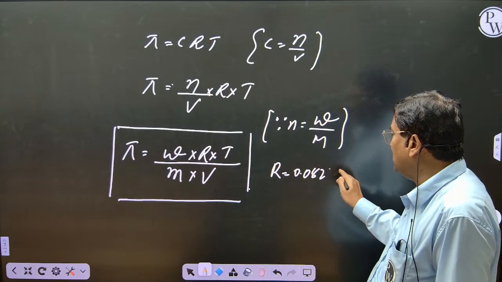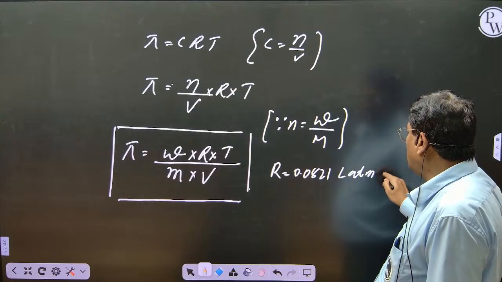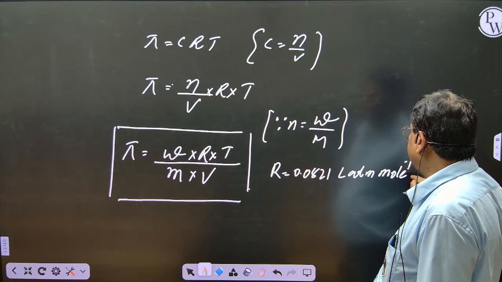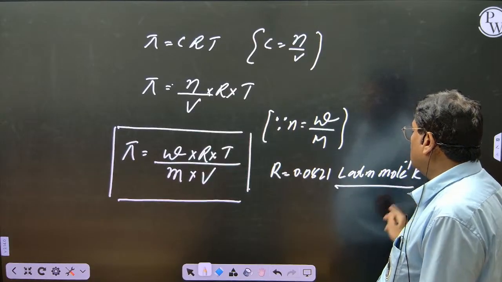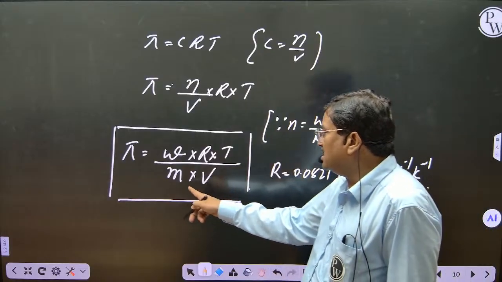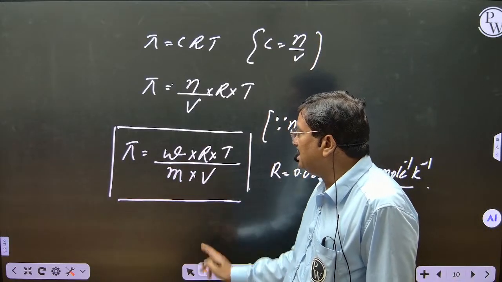R value, if it is in atmosphere, you have to take as 0.0821. What is the unit? Liter atmosphere per mole per Kelvin. M is molar mass. V is volume of solution in liter.